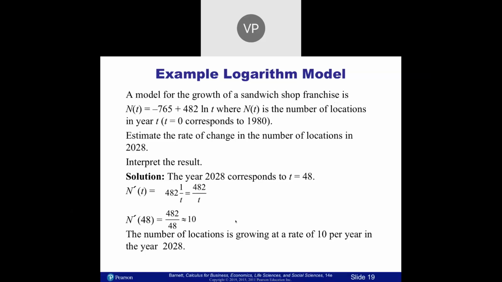So whenever you find the derivative, it's telling you what's the rate the sandwich shops are either growing or decreasing each year, and that's what the derivative told us when you plugged in the 48. If I plugged in a different number, of course, it's going to be a different result here, because they're going to start slowing down as time goes on. Kind of like a good example, think of a Starbucks franchise.